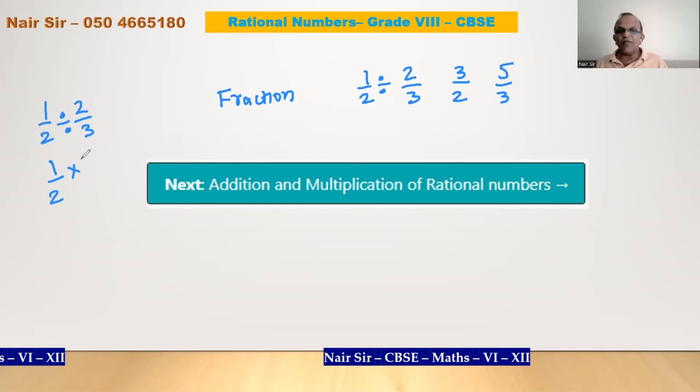What is the reciprocal of 2 by 3? And then that is nothing else but... that's all. Your major part of rational number would be done.